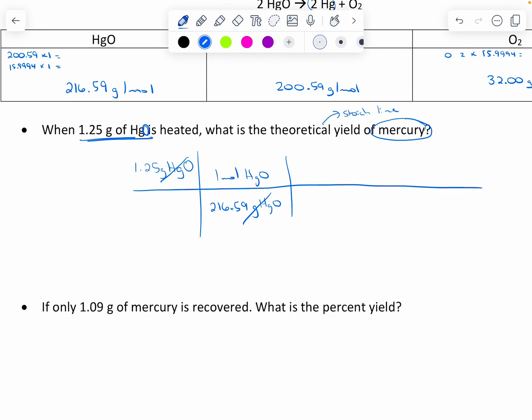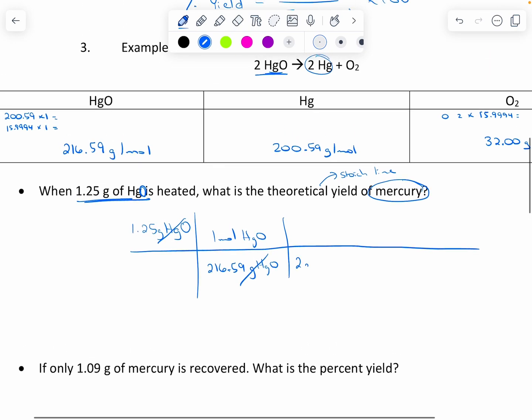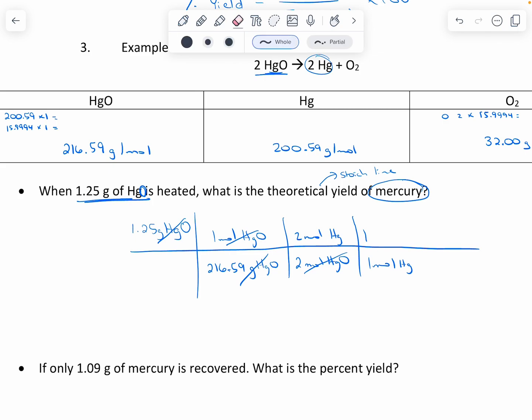Continuing on, we need our mole ratio, so we say 2 moles of HgO on the bottom and 2 moles of Hg on top. Cross out moles of HgO. And last but not least, we have 1 mole of Hg and the molar mass of Hg. Bad writing from Miss Griffith, but that's okay. We got 200.59 grams of Hg, and we're ready to do our math.